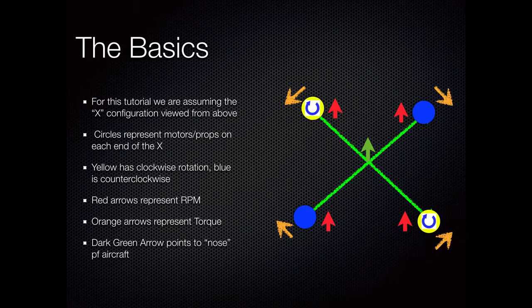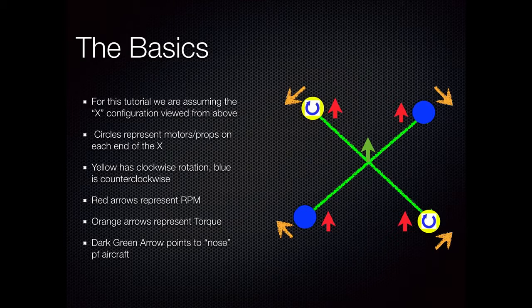So for the purposes of the demonstration here, the illustration, you'll notice that the quad rotor is depicted by the green X here. On two ends of the X are yellow or whitish looking motors. Those motors are rotating clockwise. And on the other two ends are the blue motors, and those motors are rotating counterclockwise.